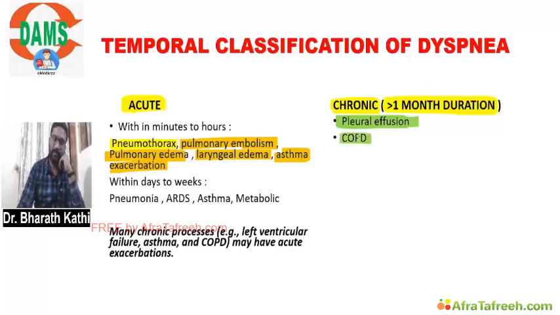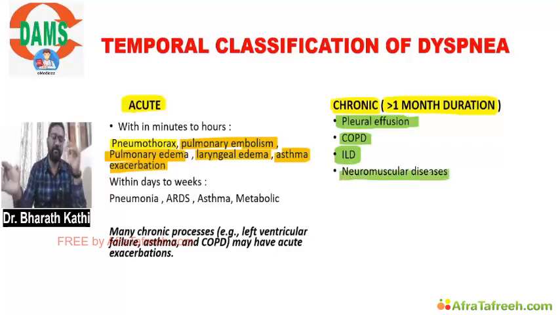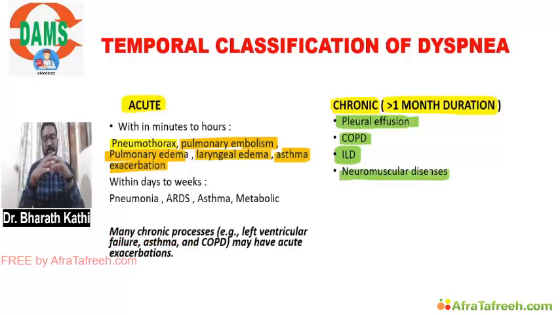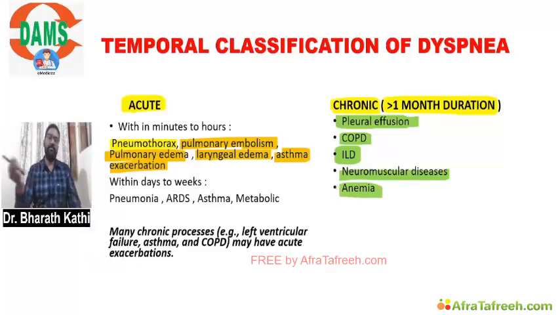COPD takes years to develop and progress. Interstitial lung disease is also a chronic cause of dyspnea. Then neuromuscular disorders such as Guillain-Barré syndrome and myasthenia usually have chronic duration. And again anemia; a patient with anemia will have a history of more than 1 month.